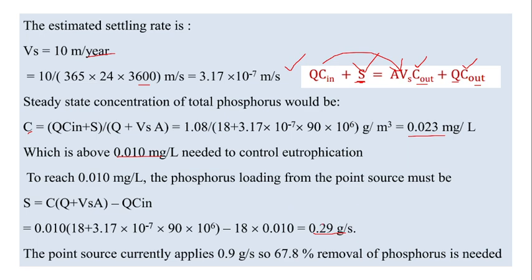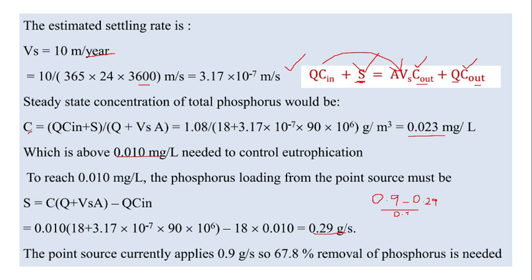At this rate only, phosphorus should be loaded, they are telling. Now, how much extra removal should there be? To find that, we subtract: 0.9 minus 0.29, divided by 0.9.